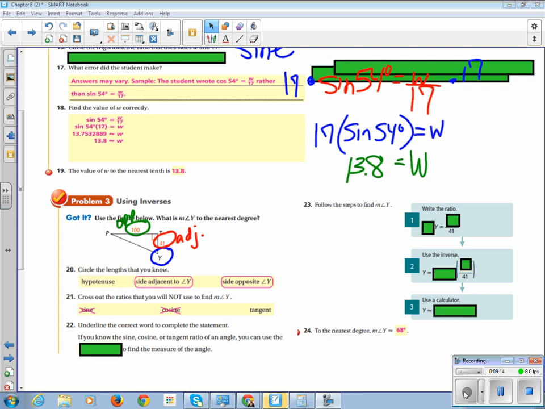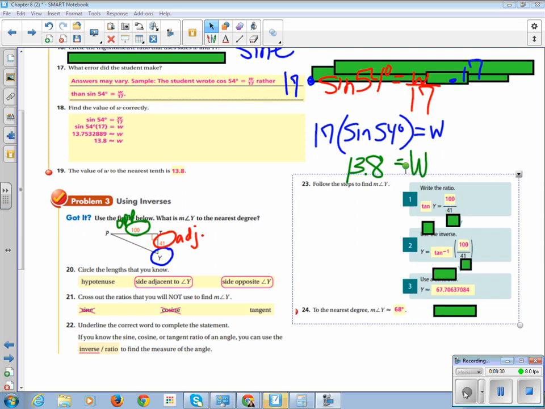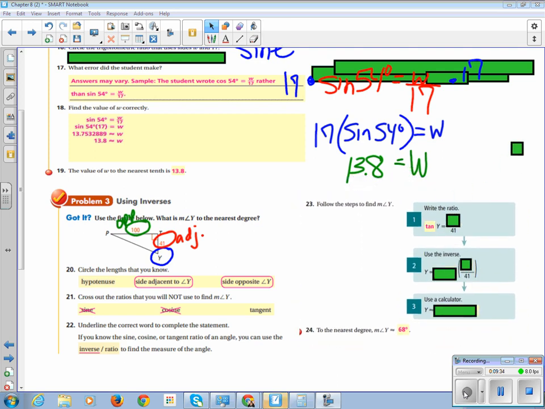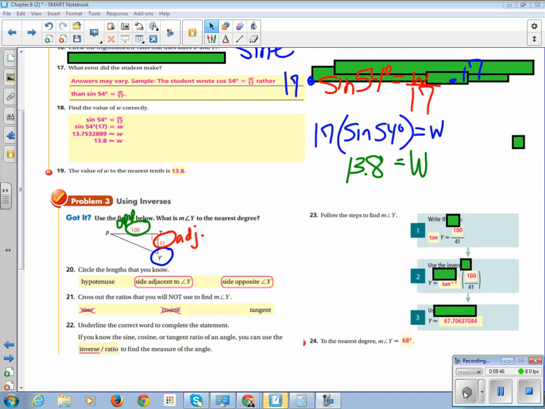So if you know the sine, cosine, or tangent ratio of an angle, you can use the inverse to find the measure of the angle. So we are going to use tangent of Y to write our ratio. And tangent is opposite over adjacent. The opposite side is 100.